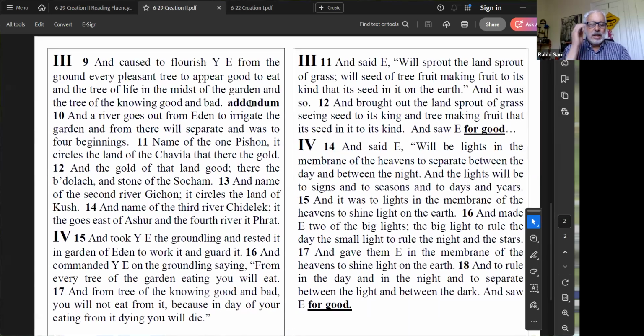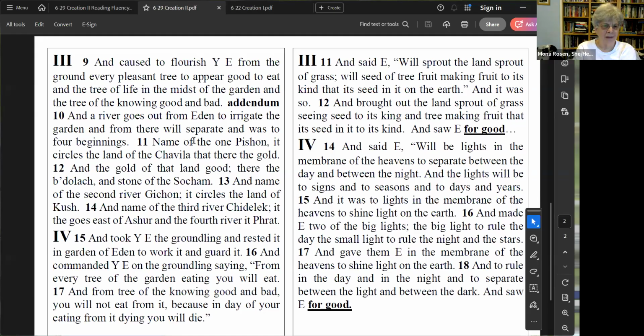So we have this vision that we have the garden, we have a person tending the garden, and the garden now is actually working, creating fruit trees, food trees, and a river is flowing into the garden from some place to the west, from Eden. And when the river flows through Eden, it then separates out into 4 separate entities.